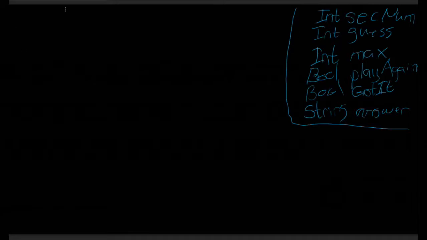So the very first thing we need to do in our program is obviously we need to have a start. So there's our starting location. After we start, because we want them to tell us what the max range is, let's have an input here.